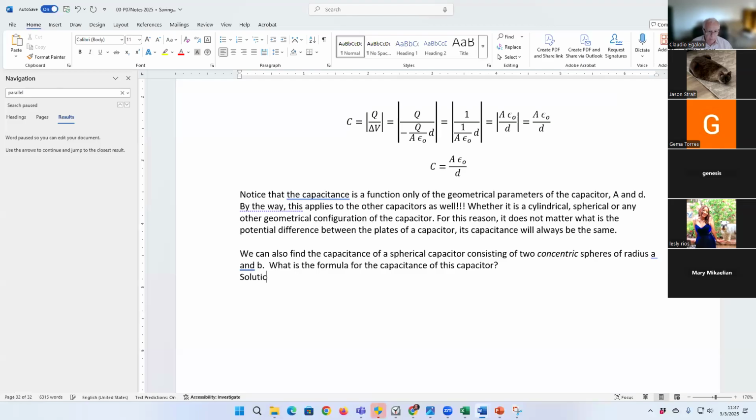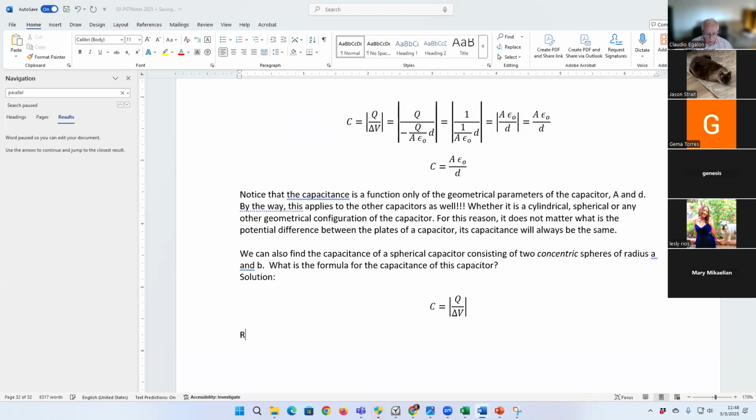Solution. Let's go ahead and copy and paste what we have here, right? Here you go. Now we have to calculate what's going to be the delta V of this configuration.